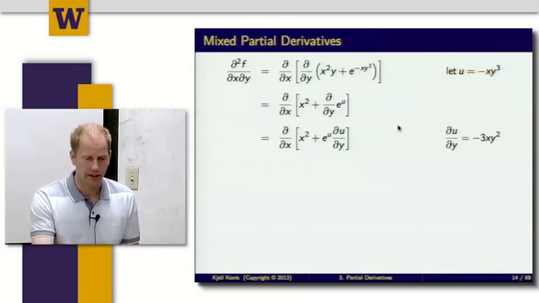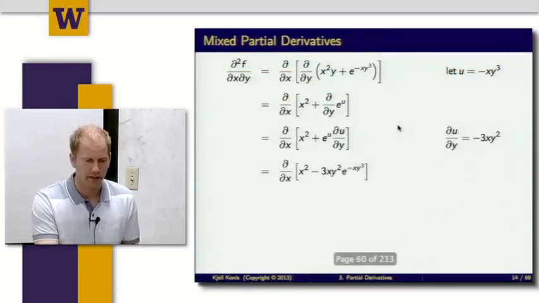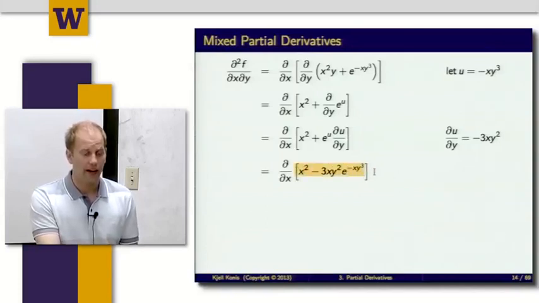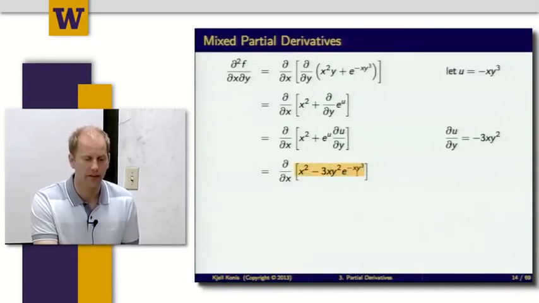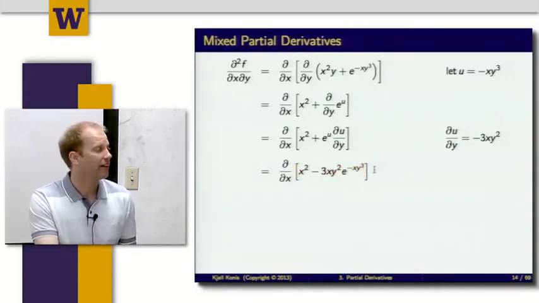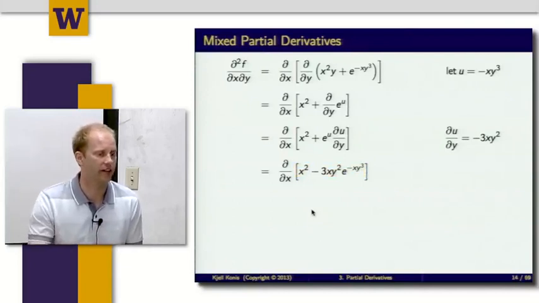So I have x squared minus 3xy squared e to the minus xy cubed. In fact, since we've already taken the derivative of this a few slides ago, I didn't have to do this bit. I could have just used the derivative I'd already computed.